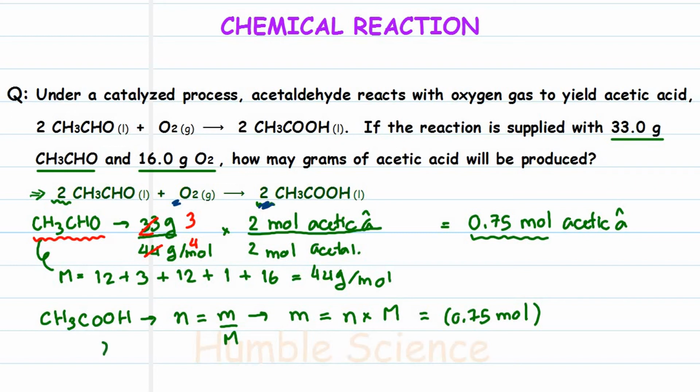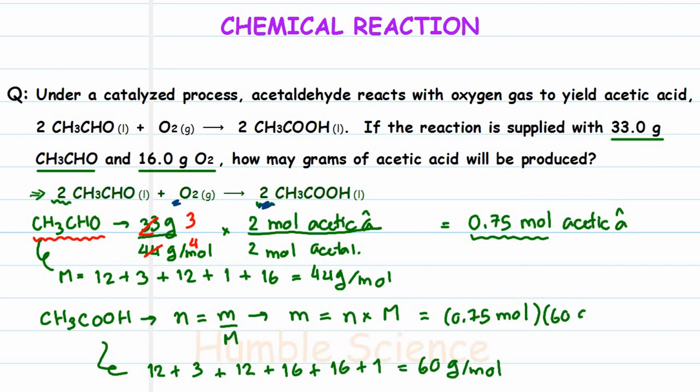The molar mass of acetic acid is going to be 12 plus 3 for hydrogen plus 12 for carbon plus 16 for oxygen plus 16 for oxygen and then plus 1 for hydrogen. It is going to be 60 grams per mole. So we have to multiply by 60 grams per mole here. And that is going to give us 45 grams. And that is the answer.